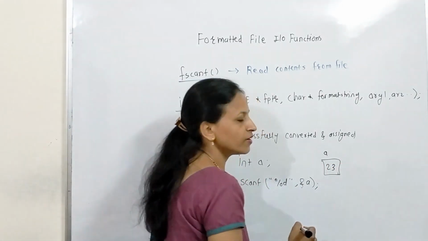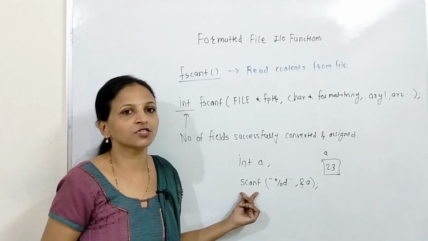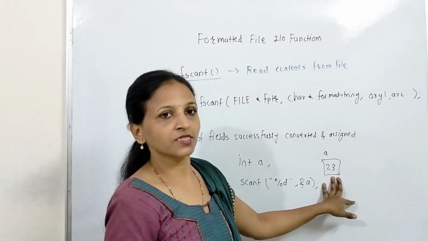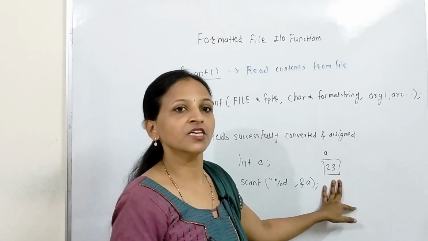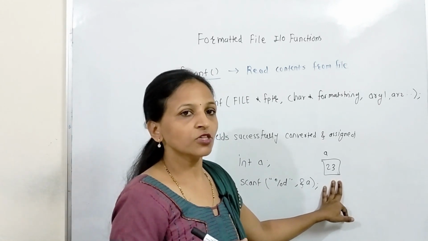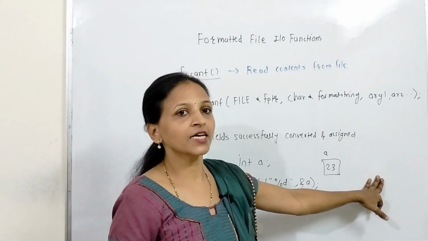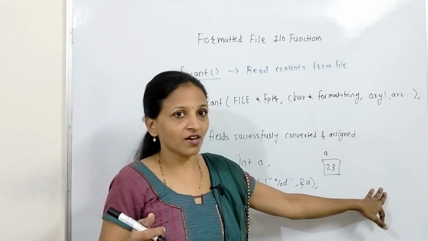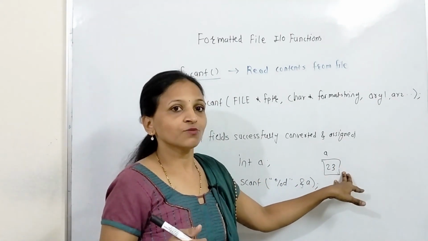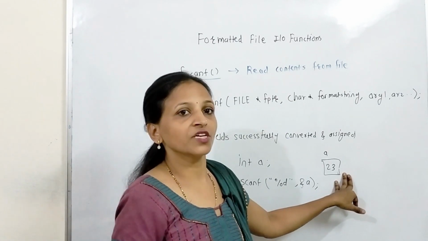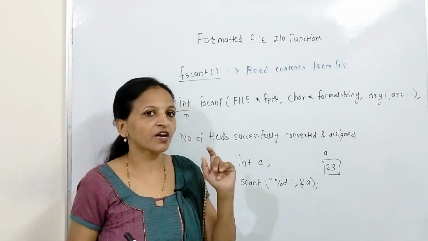That 23 value will be stored after a successful execution of scanf. Here the scanf function is again returning an integer value. Why? Because the count of how many fields it has scanned and stored successfully is what it returns. Here it will return one.